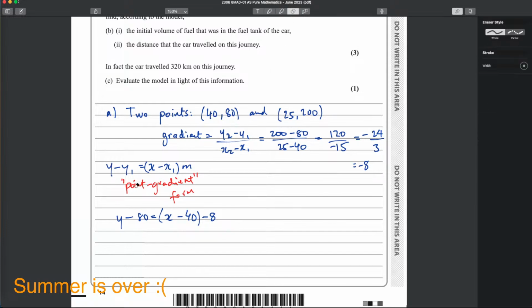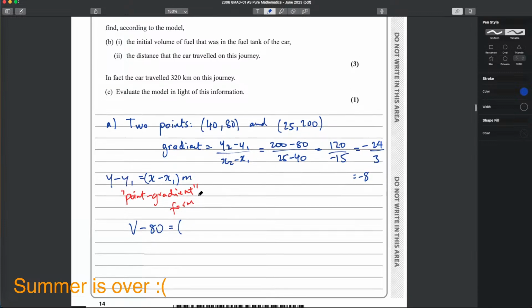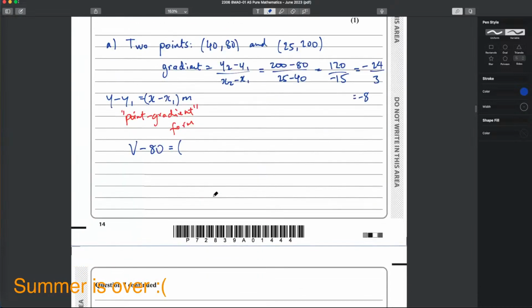And actually we should use the correct variables. So y is actually v. V take 80 equals x is d. D take 40 multiplied by -8. So expand those brackets.